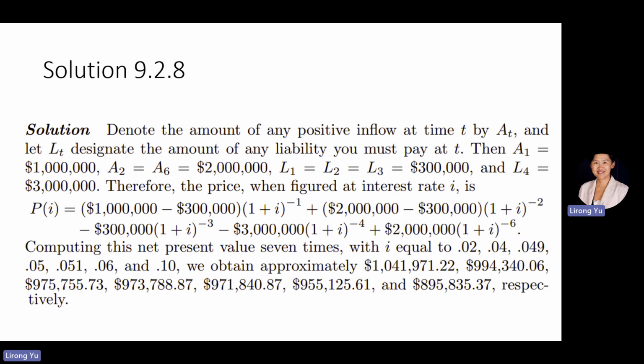As far as the present value, if the interest rate is lower, then the present value should be higher. If the interest rate is higher, then the present value should be lower, such as for 10%, the present value is actually lower than the rest.